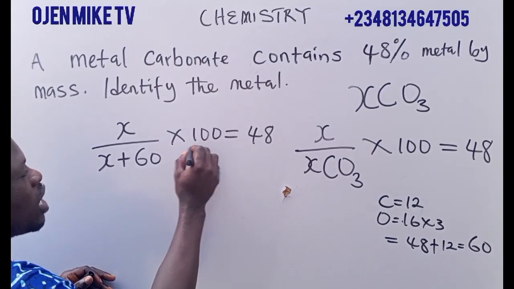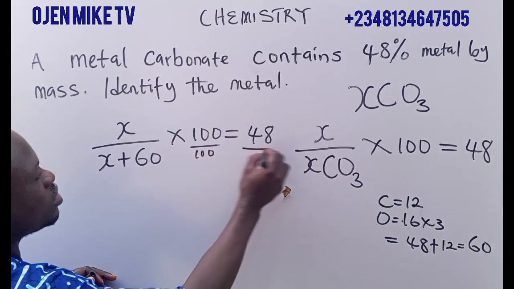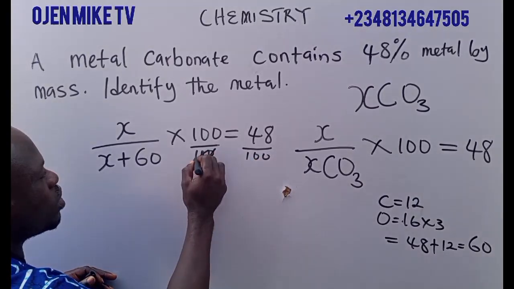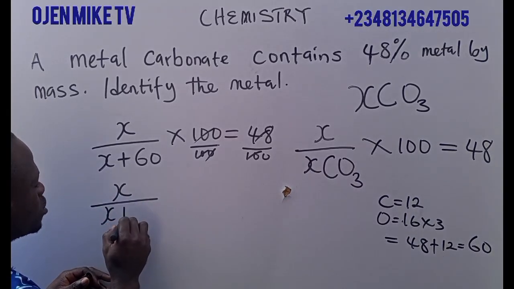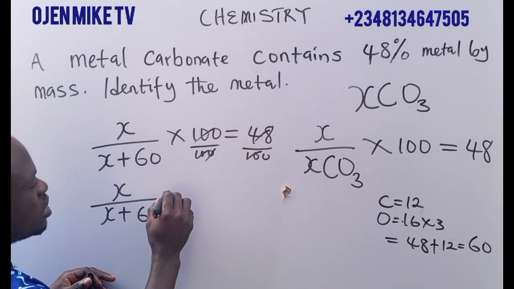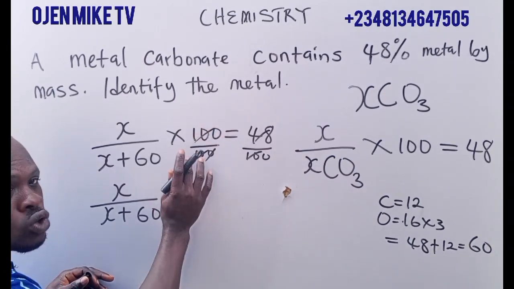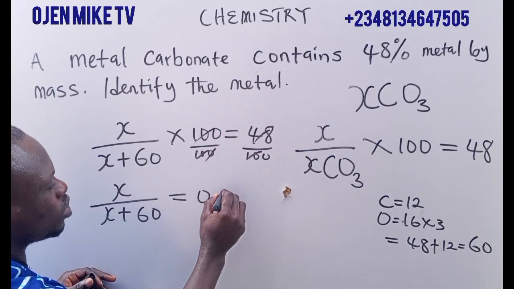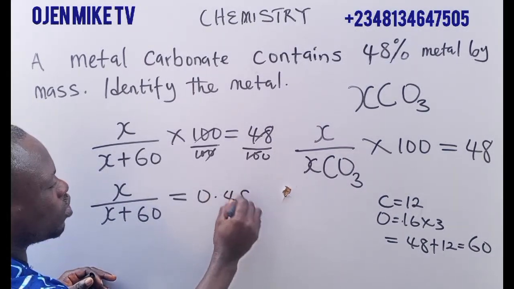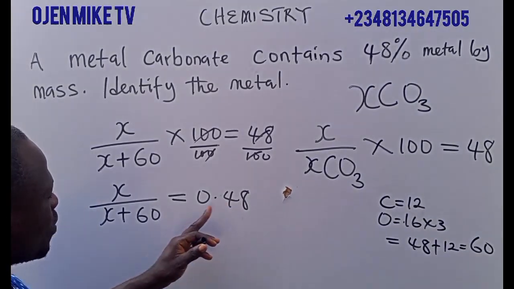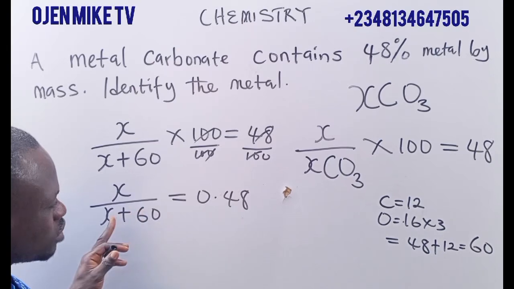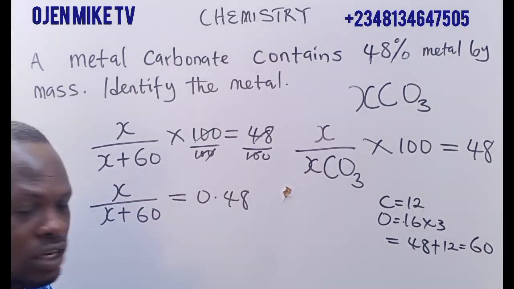I will divide both sides by 100. We have eliminated this side. So X over X plus 60 is equal to 0.48. So what we are going to do is cross multiply so that X will stand alone.